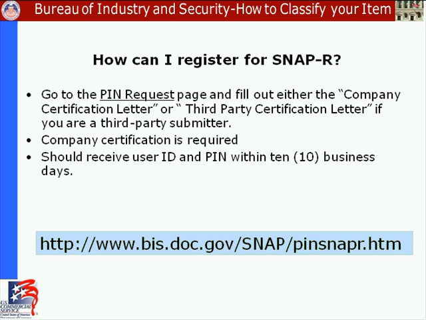You have to submit a PIN request. It's on our website, where you can find how to submit the access authorization. We will give you a company ID number called CIN. We'll give you a personal ID number called PIN. And after that, you can access our system.